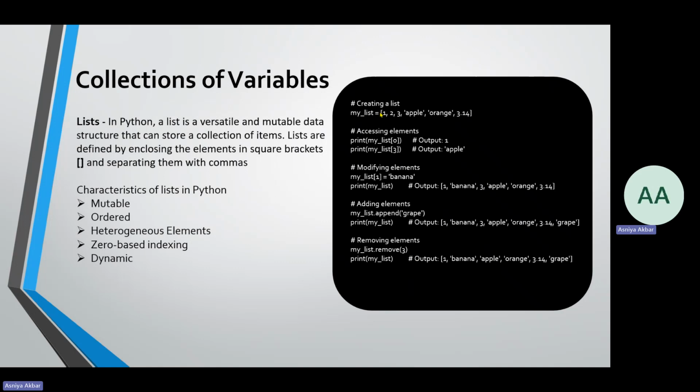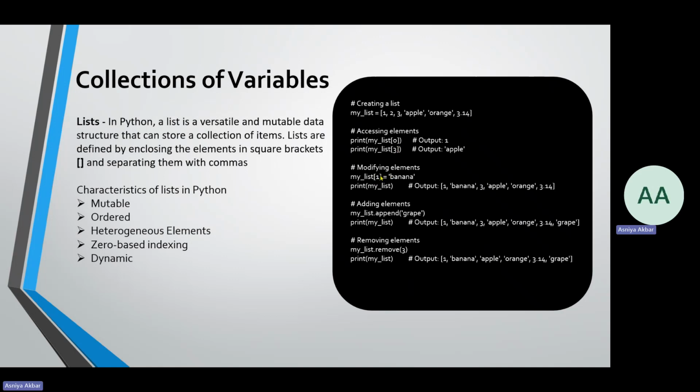If you want to create a list, it is denoted using square brackets. It supports all different data types like integers, float values, strings, and even Boolean values. You can access a list using an index number. Also remember that the index number always starts from 0.